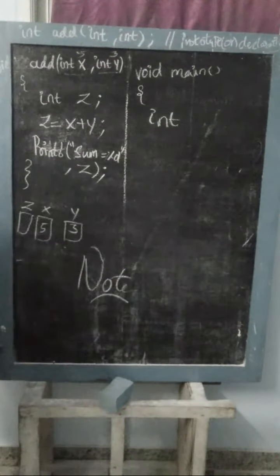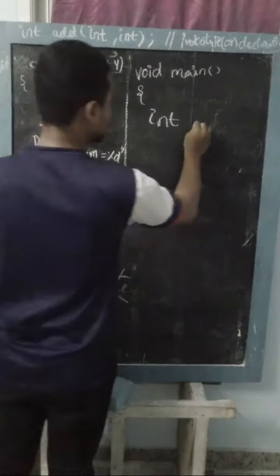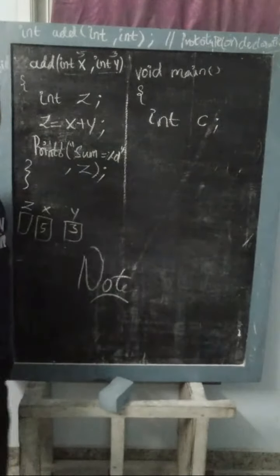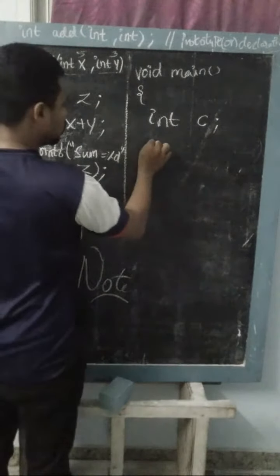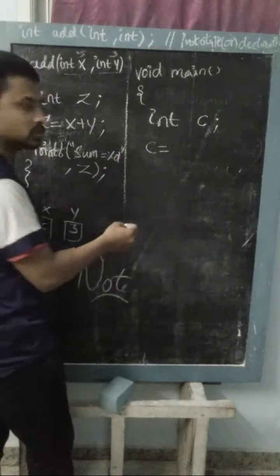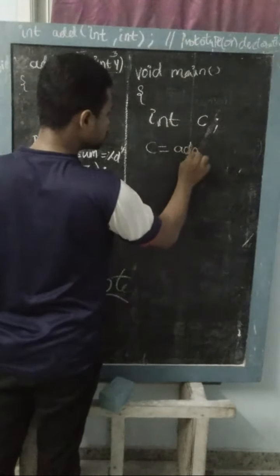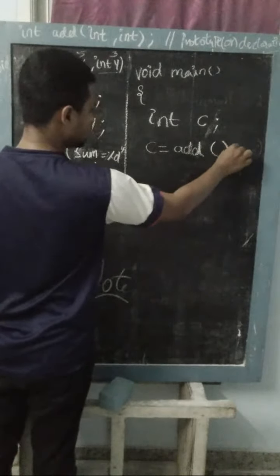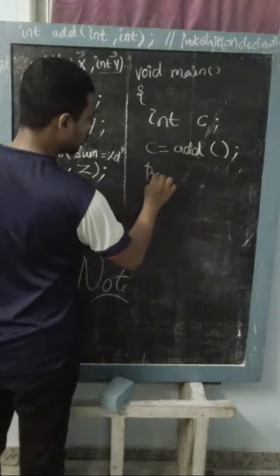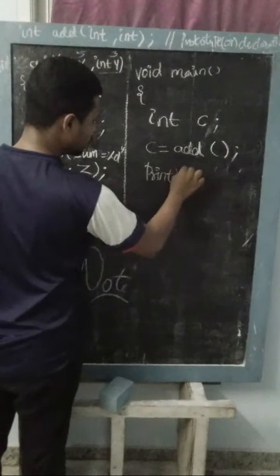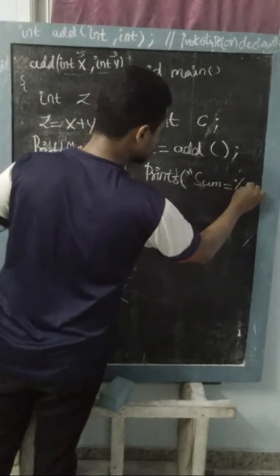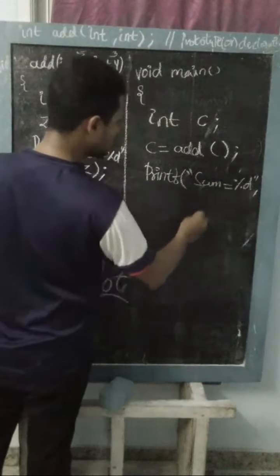I am going to declare only one variable called C. I am just calling the function add, and finally I am going to print: sum is equal to %d, comma C.